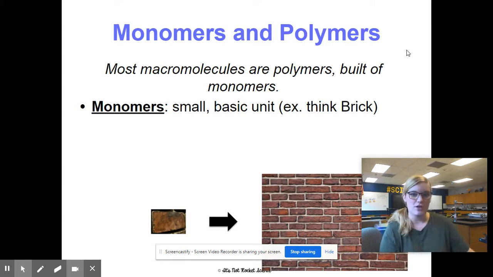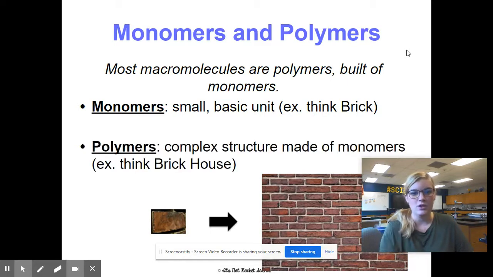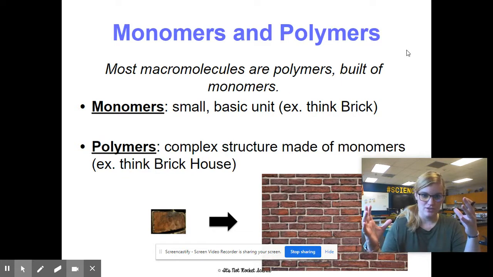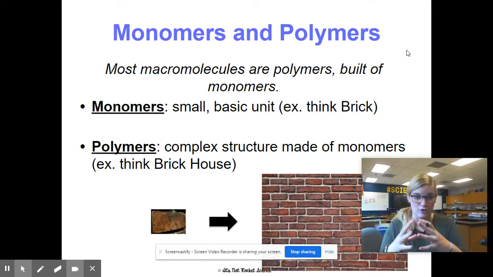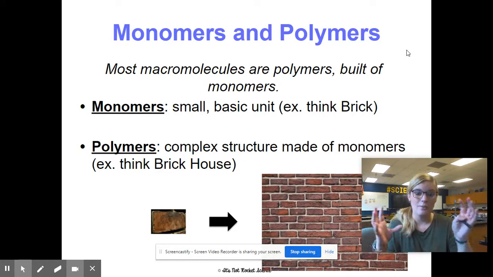So your monomers are your small and basic unit, kind of like one brick when you're looking at an entire wall or one Lego. Then your polymers are bigger and more complicated structures that are made of monomers. So our macromolecules are the many monomers put together. So they're polymers.